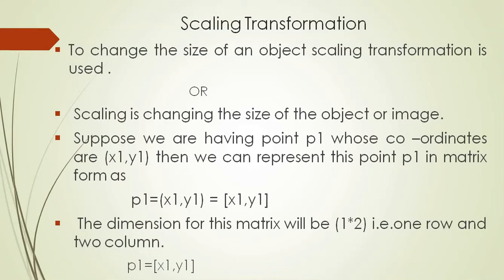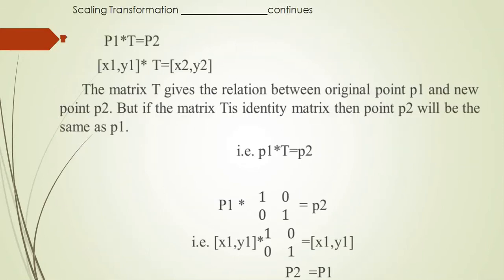Here we can use some matrix formation, because our translation and scaling are done by using a matrix T, and by using this matrix we get the translation result or the scaling result.